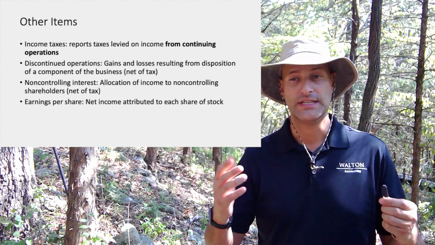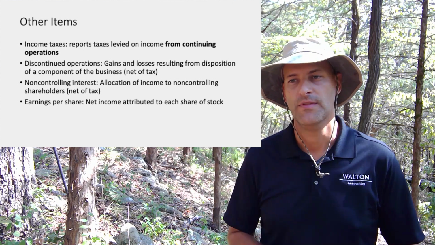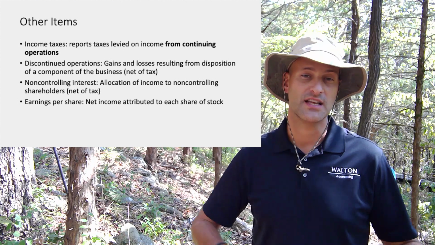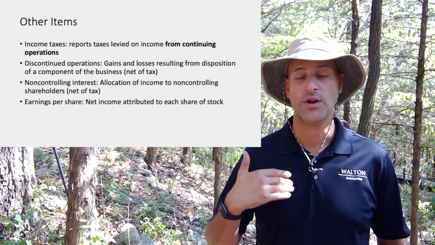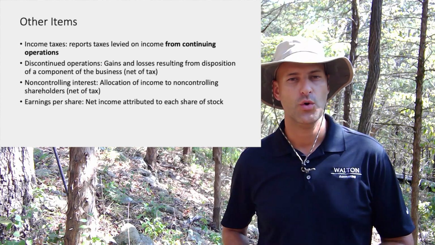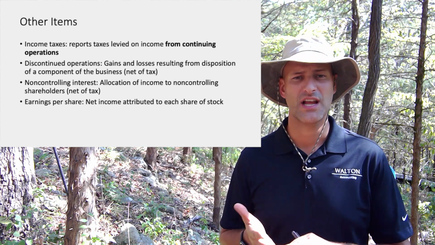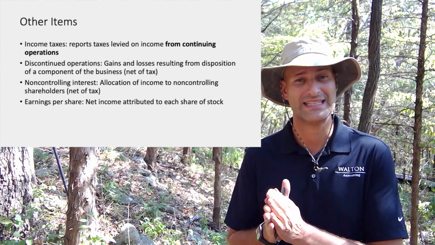And that is broadly done because if you own 51%, you control those assets. So the income statement lists all the assets that the company controls, whether they have a 100% ownership interest in those assets or in that revenue or not. So as I mentioned, discontinued operations and non-controlling interests are reported net of taxes.